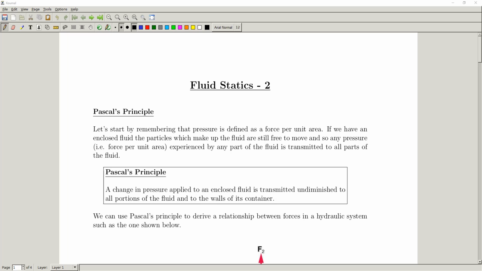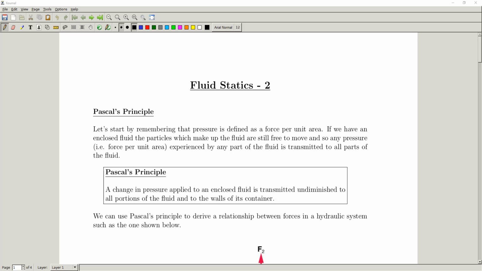Let's remember that pressure is defined as a force per unit area. Thinking of pressure that way, if we have an enclosed fluid, we can imagine a fluid in a piston, closed on all sides. If we apply a force to that fluid, the particles which make up the fluid are still free to move around.